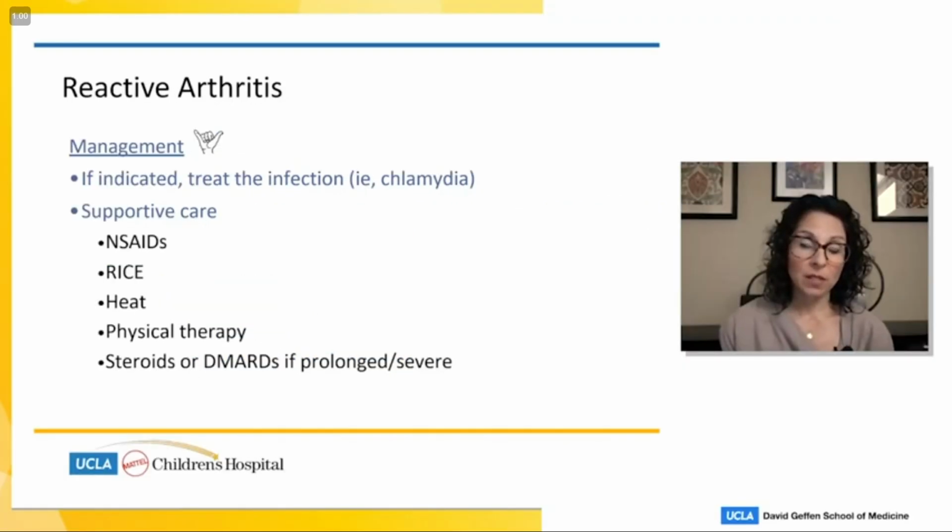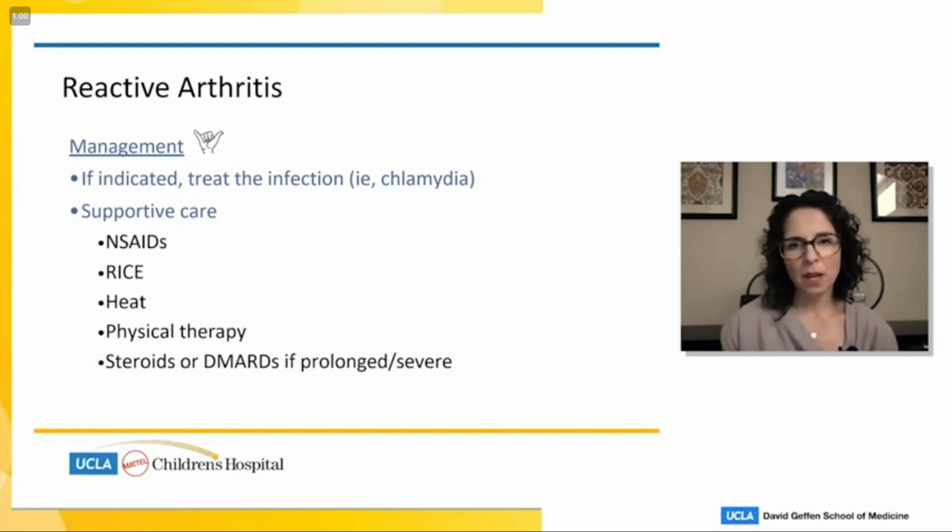What do you do for these patients? Well, if it's clear there's a specific pathogen involved, such as chlamydia, you treat the infection. Otherwise, you're giving supportive care for the arthritis, including non-steroidal anti-inflammatory medications, rest, ice, compression, elevation, heat.